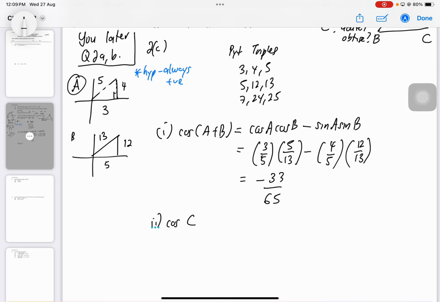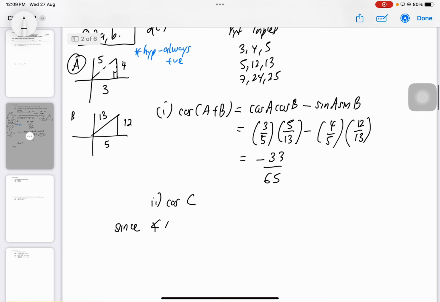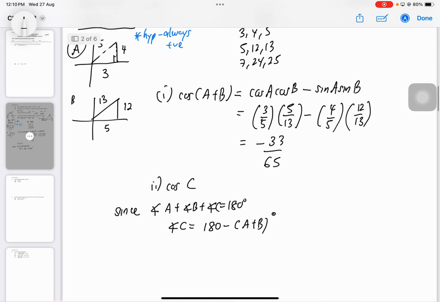Okay, so since angles A plus B plus C is 180, angle C will be 180 minus A plus B. Agree?